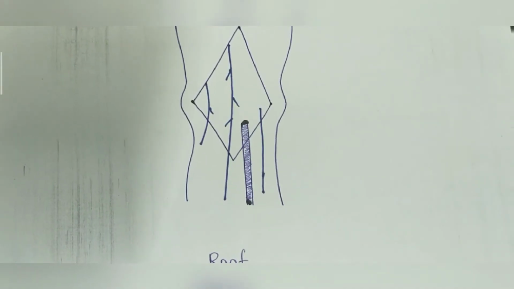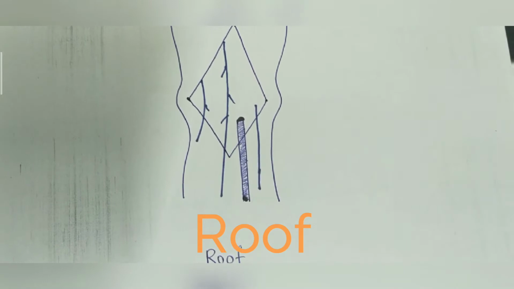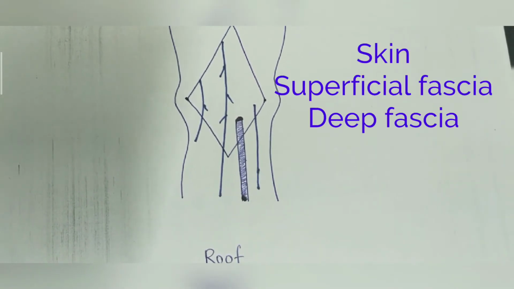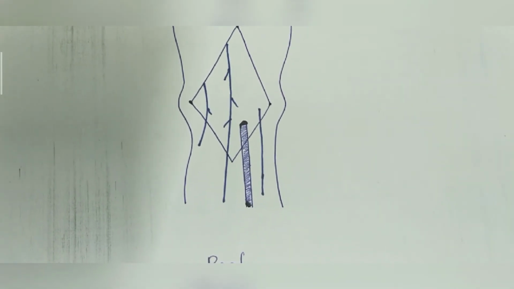The roof of the popliteal fossa is formed by skin, superficial fascia and deep fascia. Deep fascia is also known as the popliteal fascia.